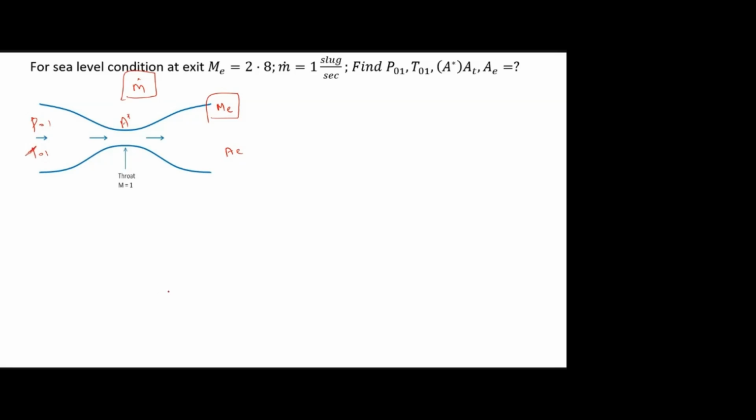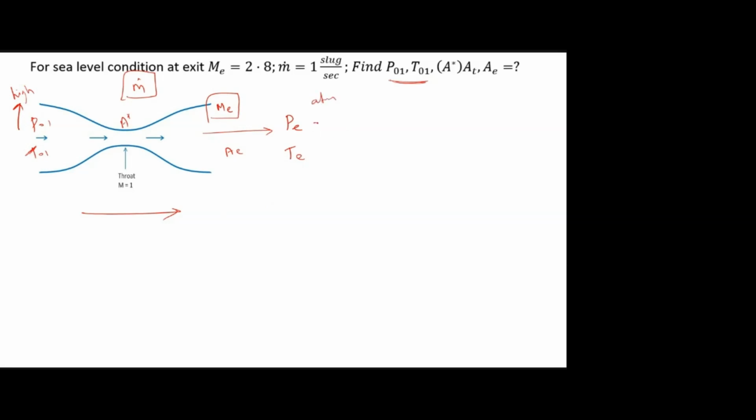And they have mentioned sea level condition at exit. That means the flow is coming out of the CD nozzle into the atmosphere. Okay, it is open to the atmosphere. See, they are asking P naught, T naught. That means here we have the high pressure. We need the pressure difference to create the supersonic flow. So this side we have the high pressure and it is open to atmospheric pressure.